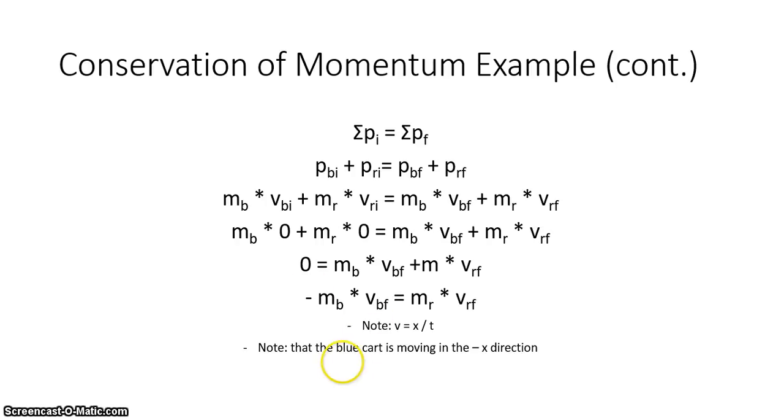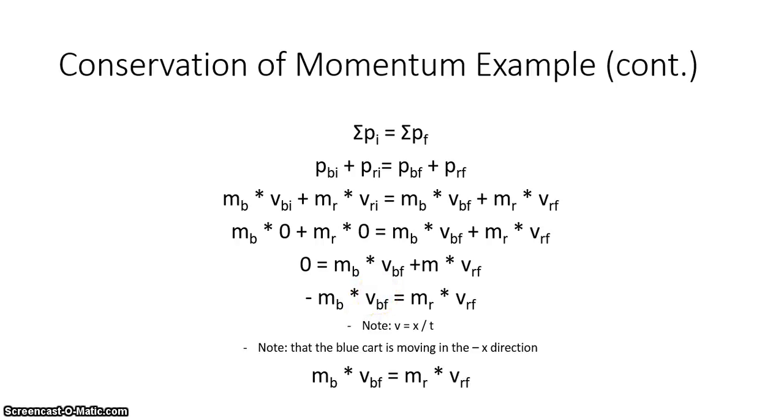We know that the velocity is equal to, because remember we're trying to find the ratio of the distances traveled, right? The velocity is equal to x divided by t. We also know that the blue car is heading in a negative x direction. Because of that, this v right here will be a negative value.